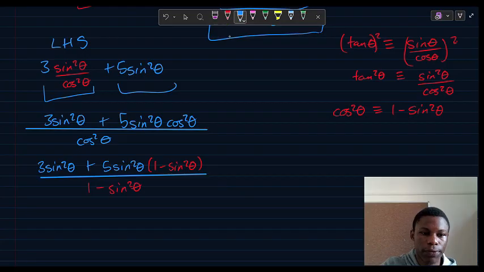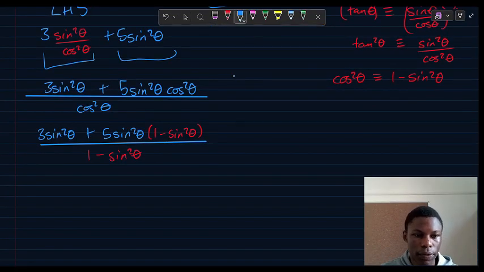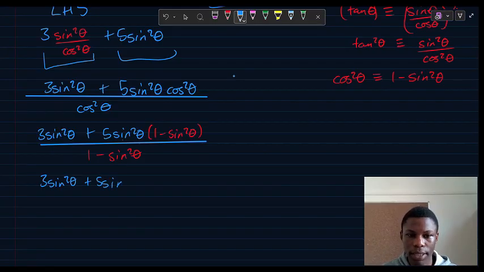And if we simplify this, we've got 3 sine squared theta, multiply 5 sine squared theta by 1, that's plus 5 sine squared theta, multiply 5 sine squared theta by minus sine squared theta, that's minus 5 sine to the 4 theta. And this is all over 1 minus sine squared theta.